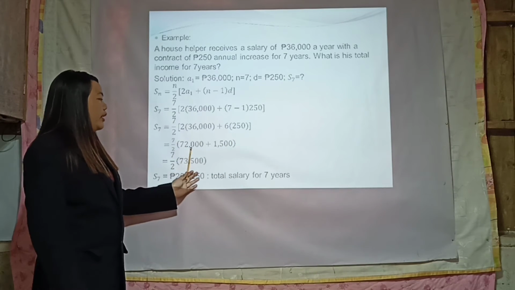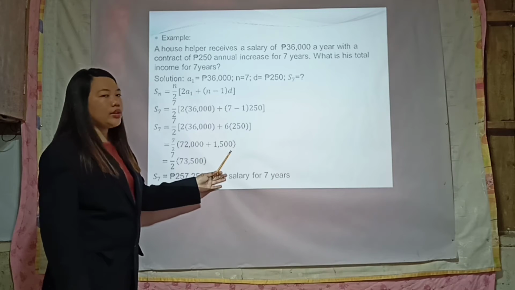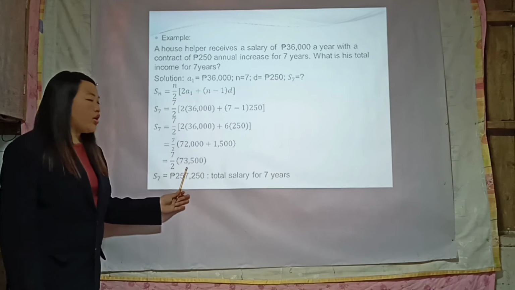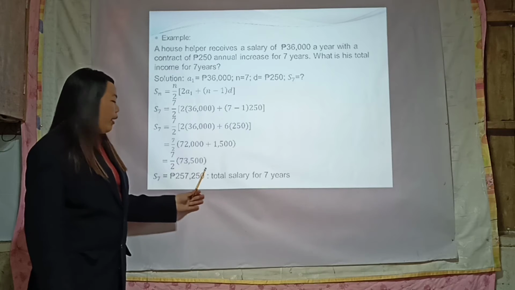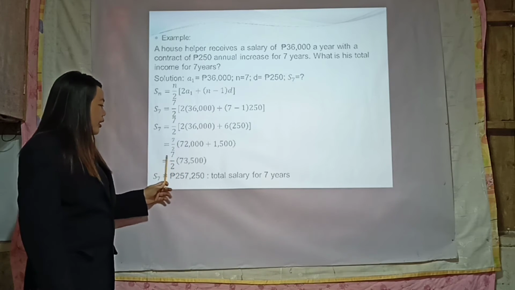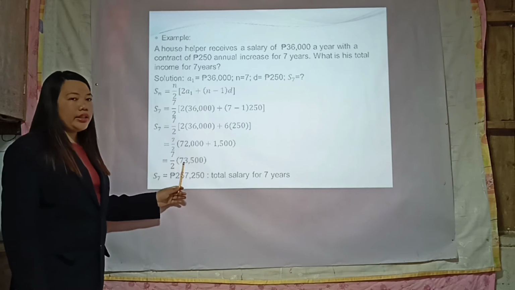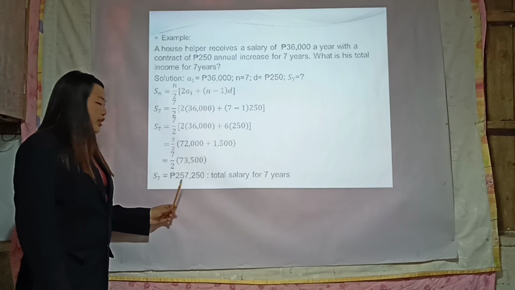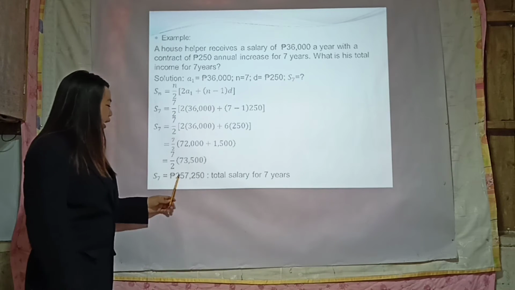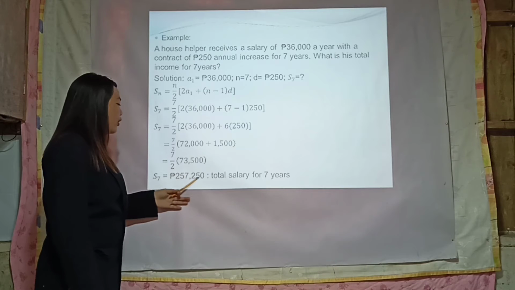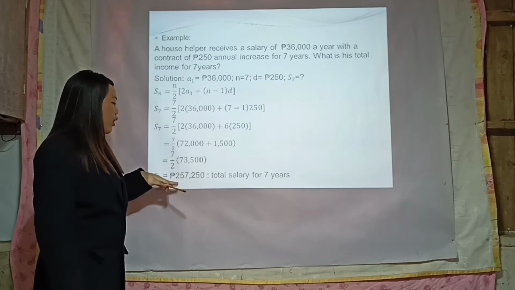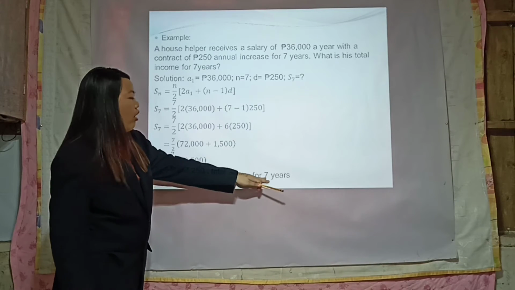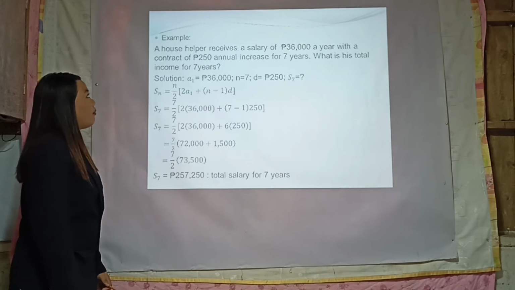Then, 72,000 plus 1,500 is equal to 73,500. Then, 7 over 2 times 73,500 is equal to 257,250, which is the total salary of 7 years.